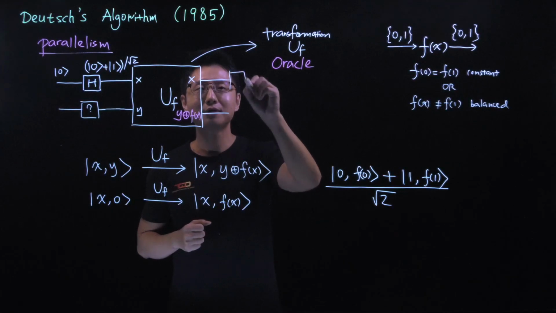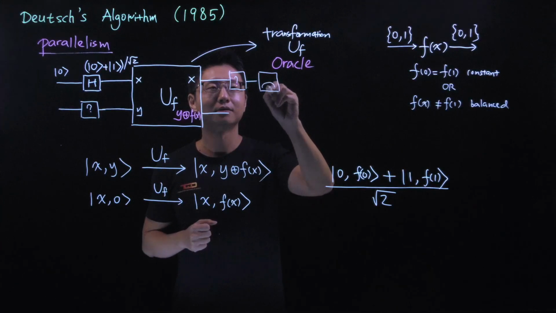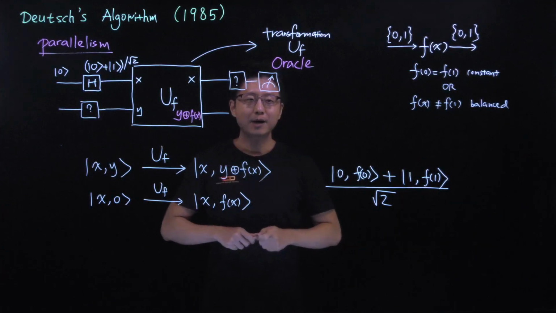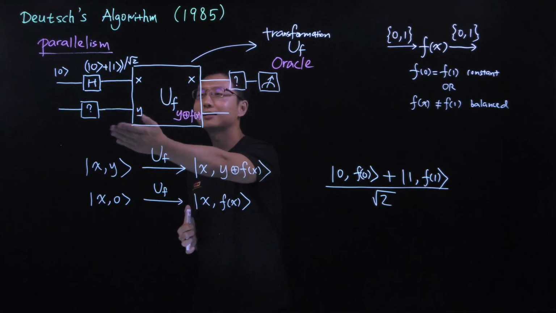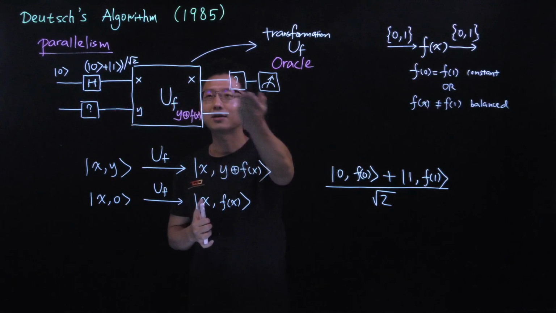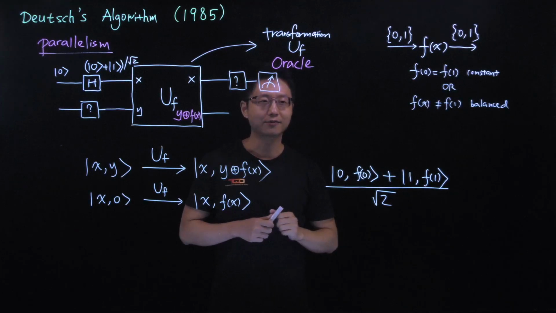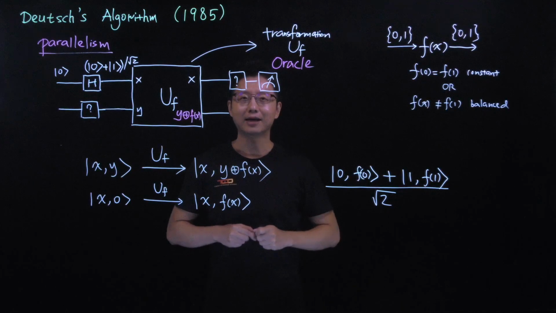We might also need to do something over here before we do the measurement, or maybe here as well. So in the next part, we are going to see how to design this algorithm with the appropriate choices for the gates over here in order to extract the information contained over here. And for that, there is an effect we are going to make use of, which is called interference, and I will explain next.